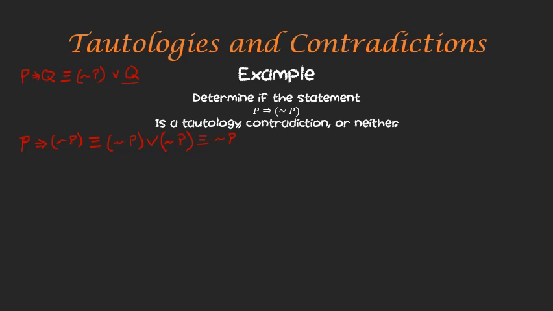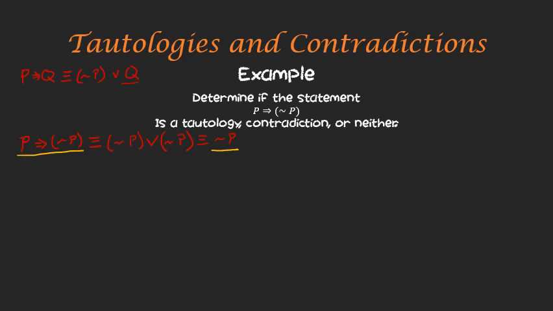And so really what we showed here is an equivalence of statements. We showed P implies not P is an equivalent statement to not P. So these share the same truth value no matter what the truth value is for P. And so from that, we can conclude, since not P isn't a tautology and it's not a contradiction, that the same must be true for P implies not P, right?